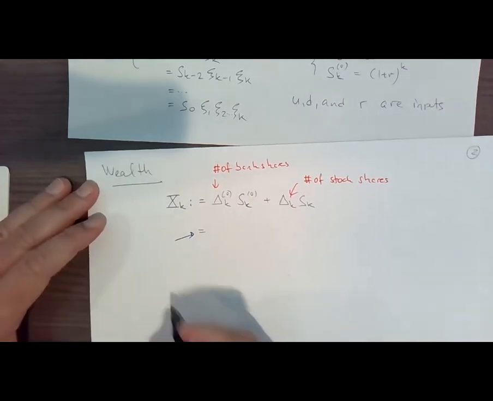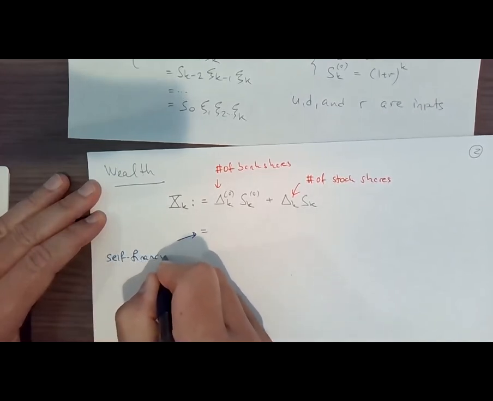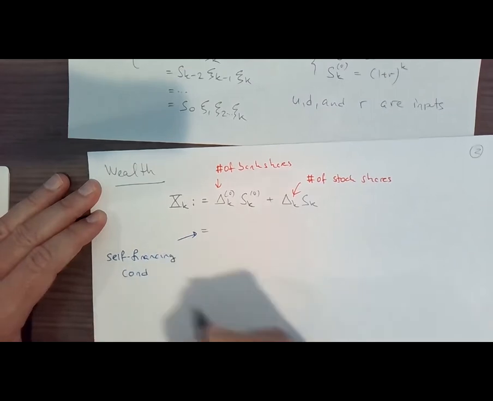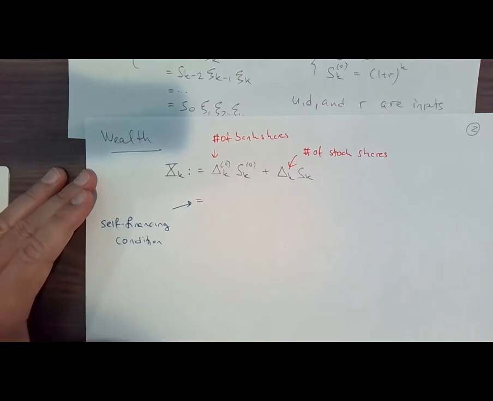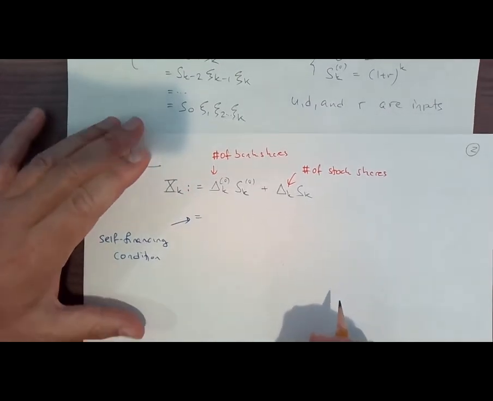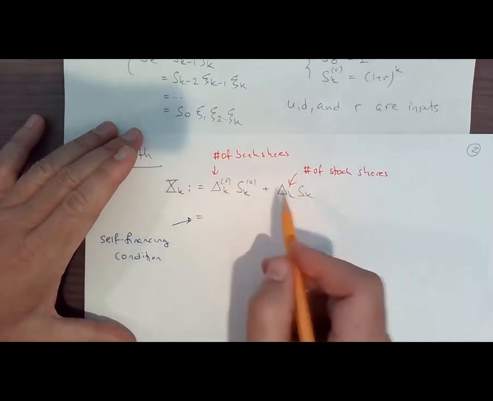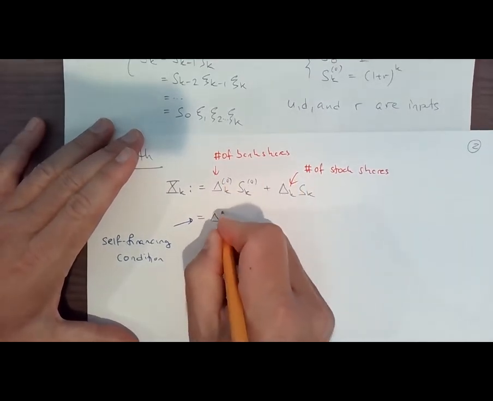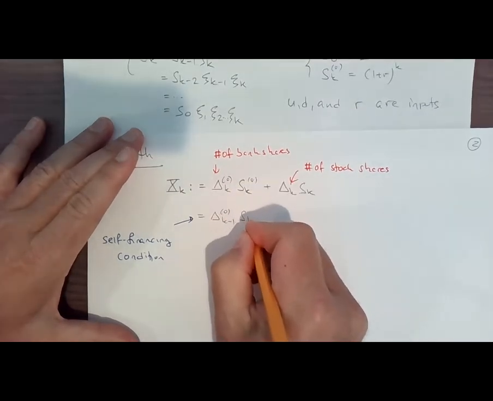We can write an equality sign here, and this property has a name attached to it. This is called the self-financing condition. And the self-financing condition says that instead of putting k's here on the number of shares that you have, you put k minus 1. And then you keep the prices.